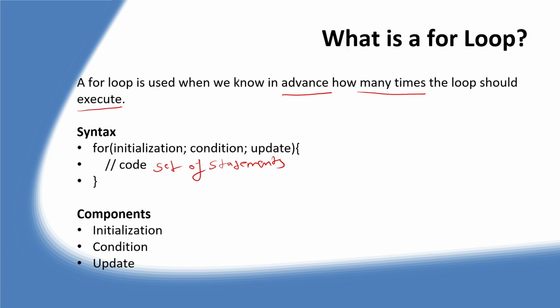A for loop consists of three parts: initialization, condition, and update, or we can say increment or decrement.